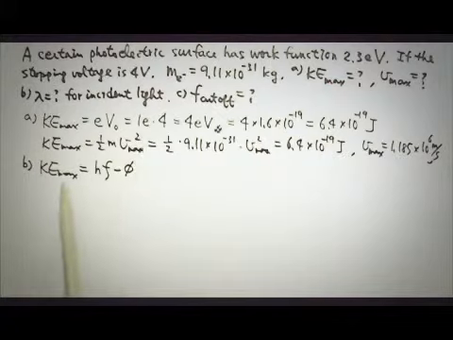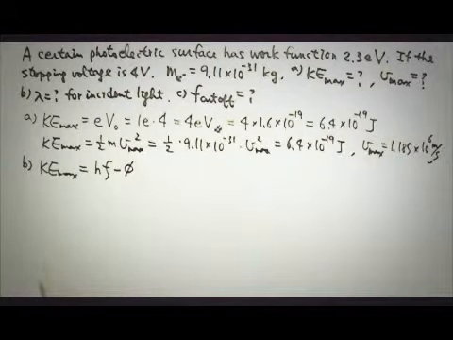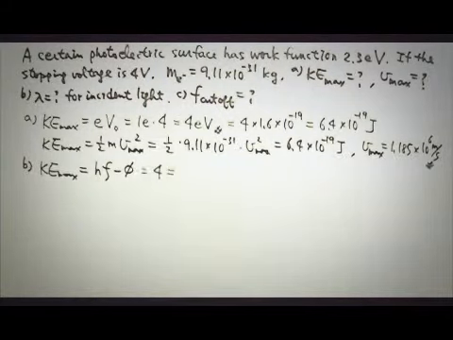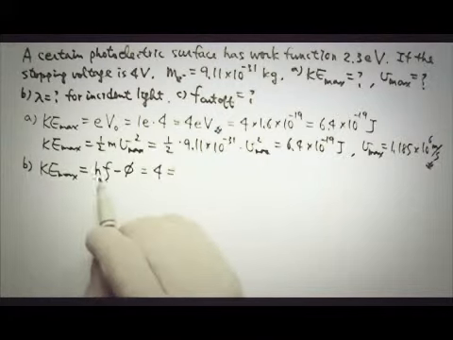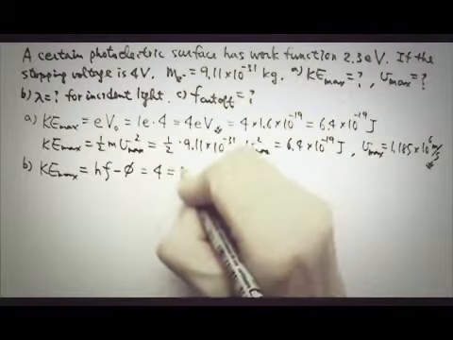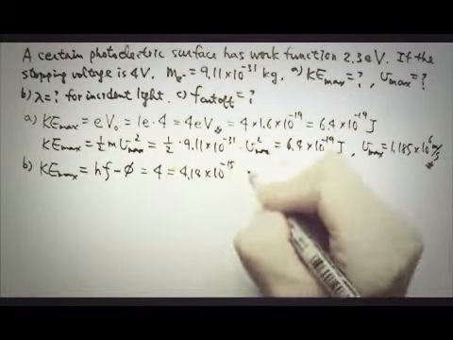Because we already know the maximum kinetic energy in electron volts and the work function in electron volts, it can be convenient for us to just keep electron volts. That means when we plug in the h, we will need to use the one with the electron volts times second unit. So the maximum kinetic energy is 4 eV, and the h has to be 4.14 times 10 to the negative 15th.